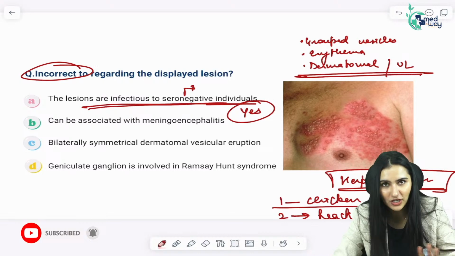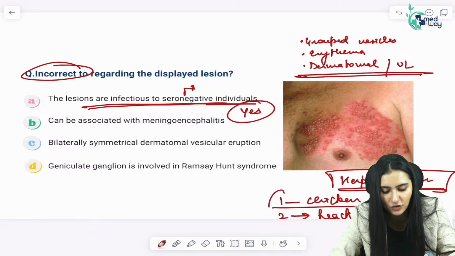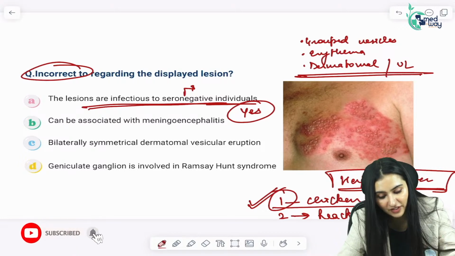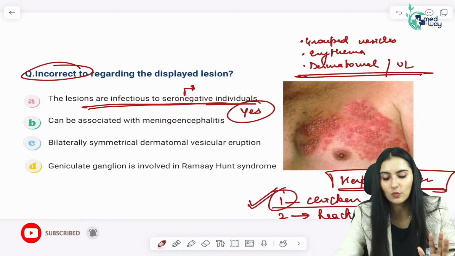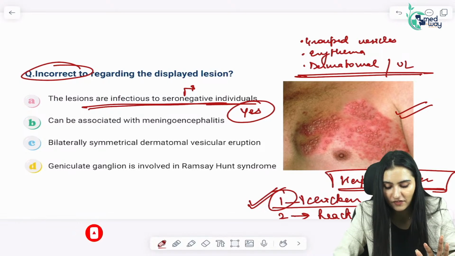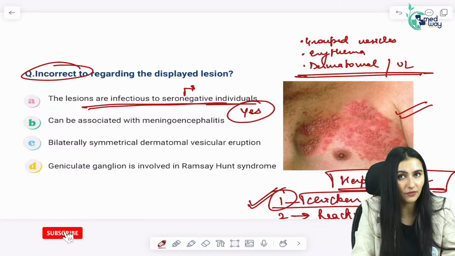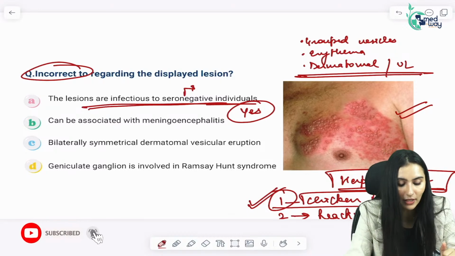She will not give the child herpes zoster because the primary infection has to be chickenpox. After that, when it gets reactivated, then you will have herpes zoster. But the primary infection is chickenpox. So it is infectious to a seronegative individual. Yes, that is true.